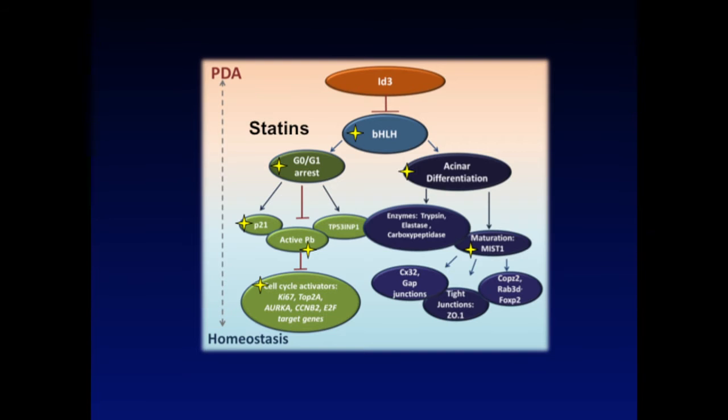So the picture that we're left with is that BHLH signaling is the final common denominator between growth and differentiation in the cancer cell.